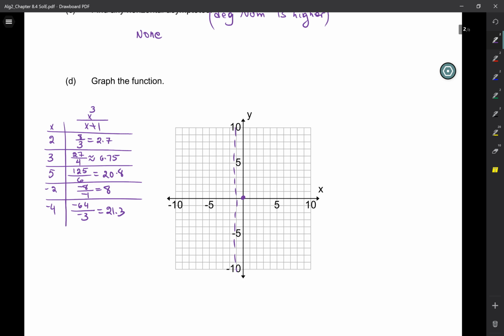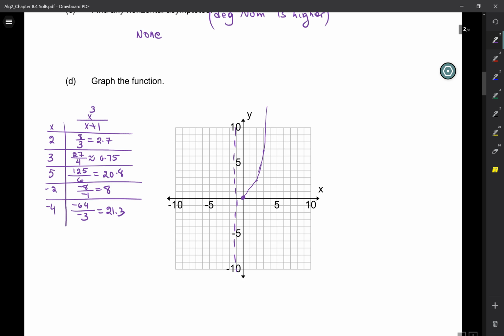Okay, so take a look at this. Let's just plot these points. So 2, we're at 2.7. 3, we're at 6.75. 5, it's 20.8, so it goes up really, really high, right? So here it looks like it's going up pretty high like that, yes? Now what happens between the point and the asymptote?